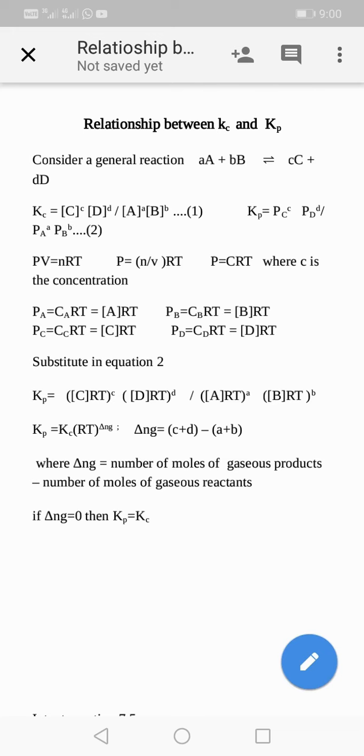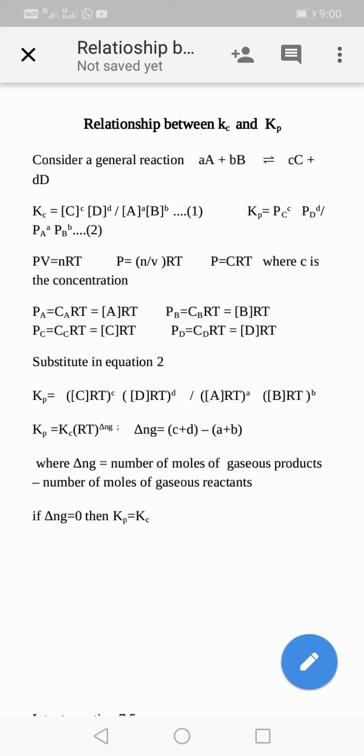For example, the unit of Kc is taken as mole per liter to the power delta Ng. Okay, if the delta Ng value is equal to 0, then there will not be any unit. Otherwise, the unit will be mole per liter whole raised to delta Ng. Similarly, the unit for equilibrium constant Kp is atm, atmospheric pressure, to the power delta Ng.